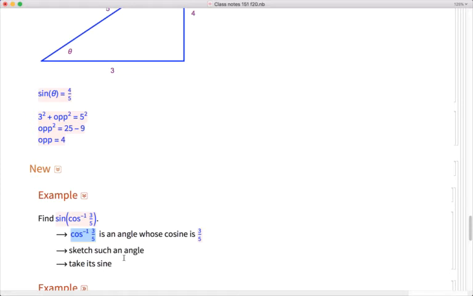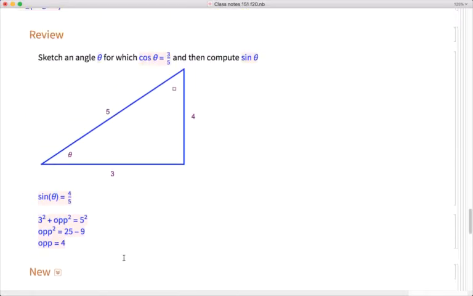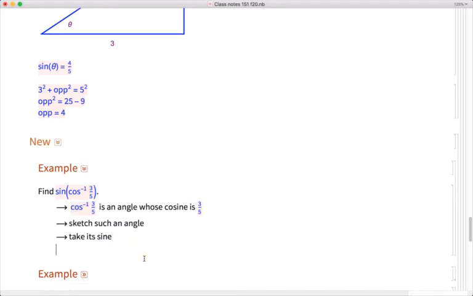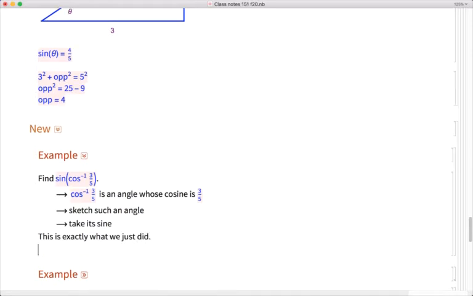And I want to point out that's exactly what we did up here. So that's the translation that you want to make, right? This is exactly what we just did. But you have to recast it in that way.